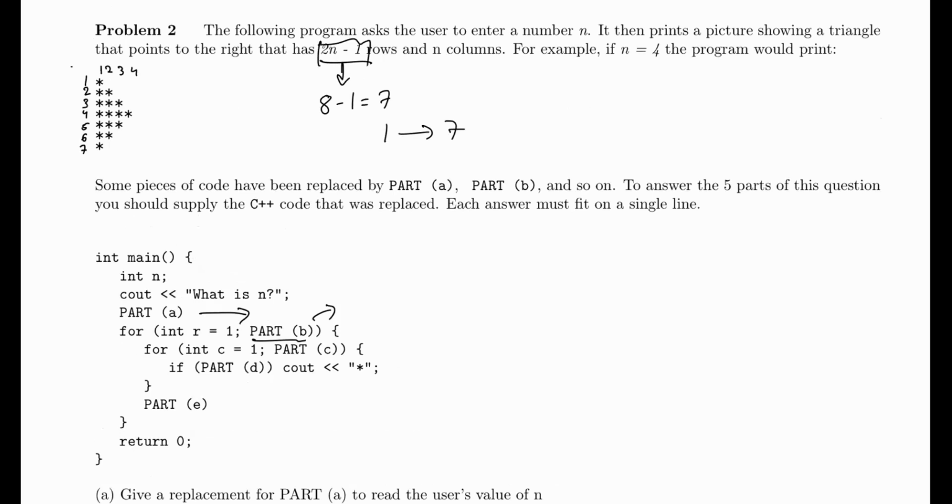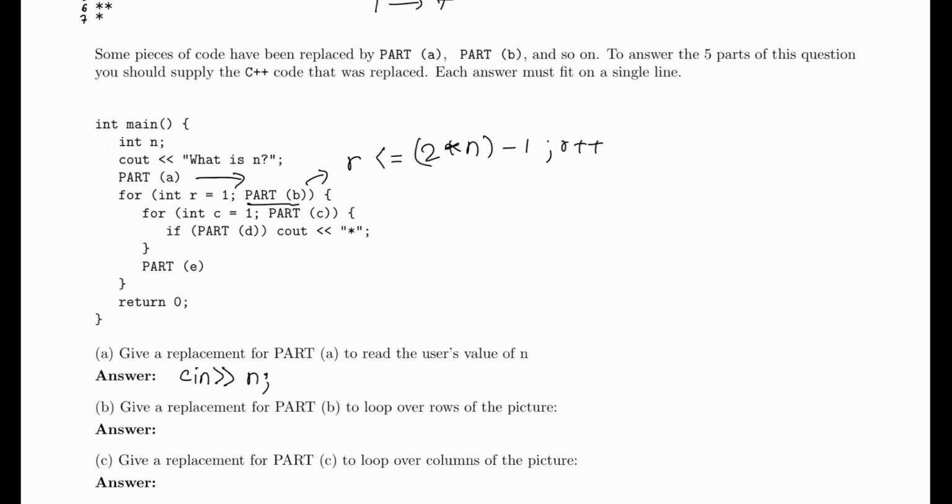So I can write: r is equal to 1, r less than or equal to 2 times n minus 1, r plus plus.